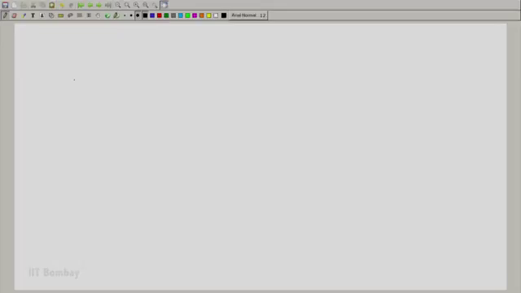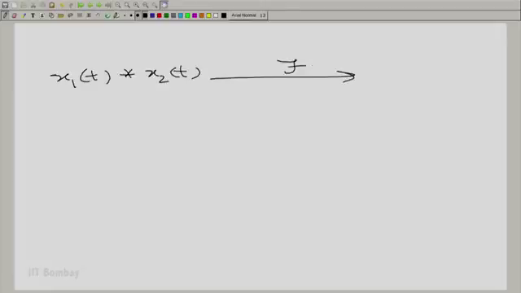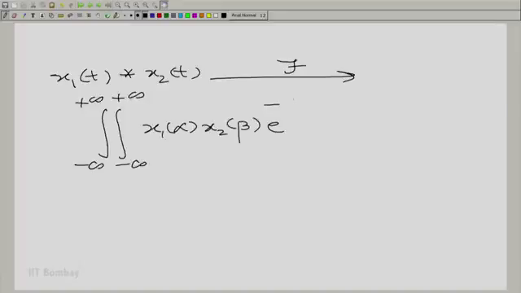And therefore, we could now write down the modified integral. So, the Fourier transform of x1(t) convolved with x2(t) is essentially the integral from minus infinity to plus infinity on both the variables of x1(alpha) x2(beta) e raised to the power minus j omega (alpha plus beta) d alpha d beta.